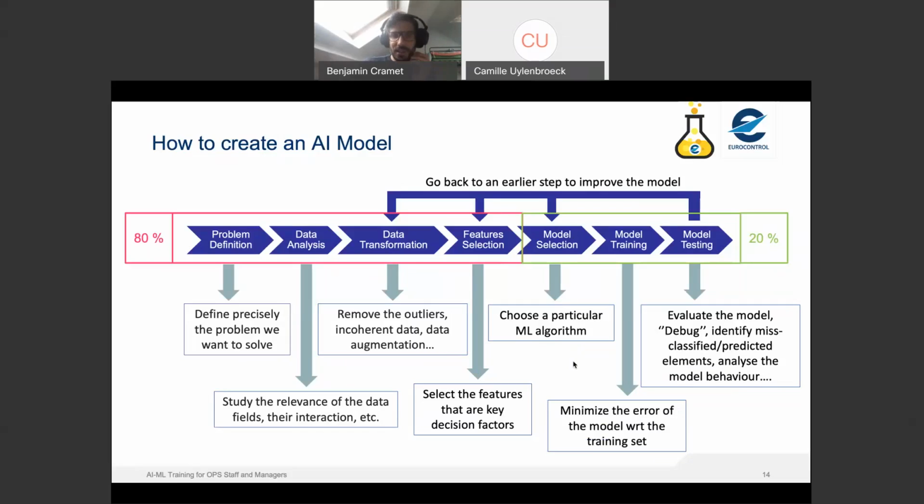Whenever you have results, you may want to go back. Let's say that at model selection something is strange and you want to change the model, then you may have to transform the data again, change the features, the relevant data. And also at testing, if you find poor results, then you may want to come back, etc.